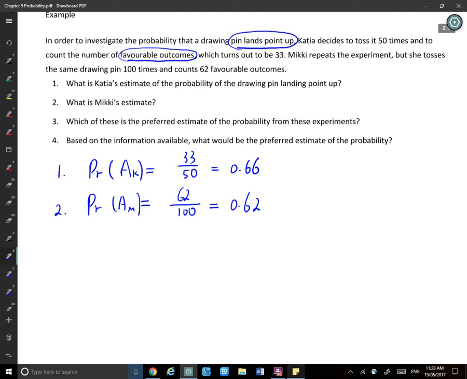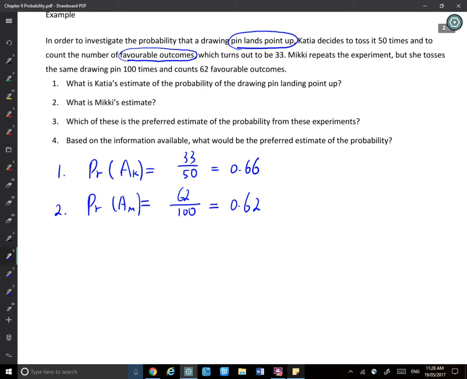Which of these is the preferred estimate of the probability from this experiment? If I asked you to choose one of those two, which one would you choose? Do you think the probability will be closer to 0.66 or to 0.62? 0.62, because the more I do the experiment, the more I approach the theoretical probability.